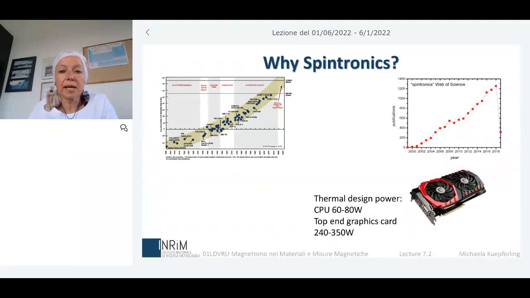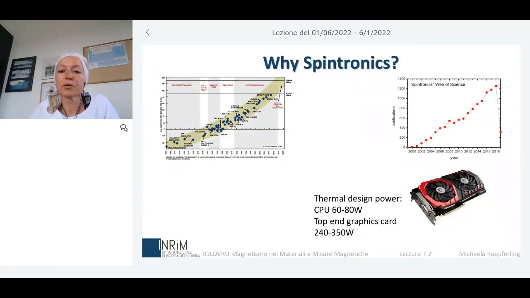But what is the main advantage of spintronics? Why do we want to go towards pure spin currents, where charge and spin are separated, and information is only transported by the spin? The main reason, of course, is Joule heat. Always when you have charges moving, you have Joule heat, and you have a lot of waste heat and wasted energy.